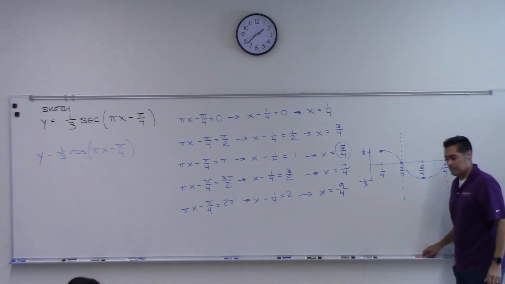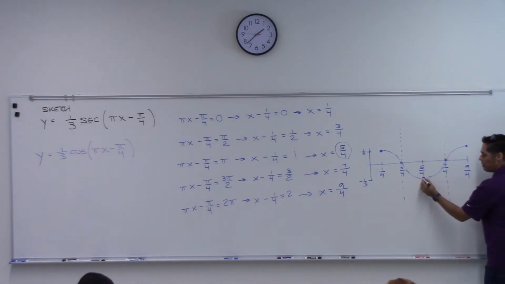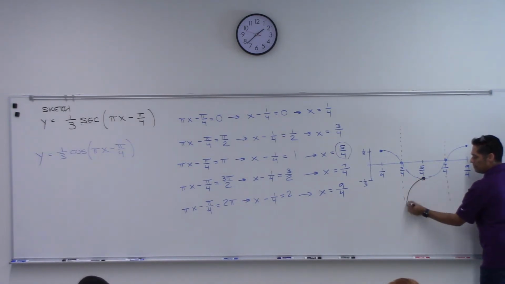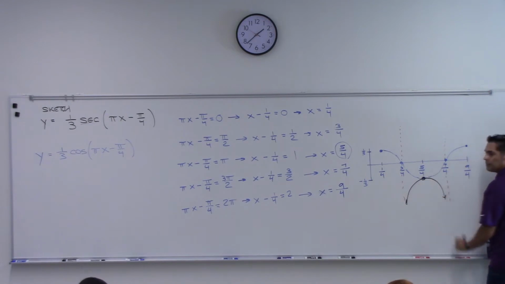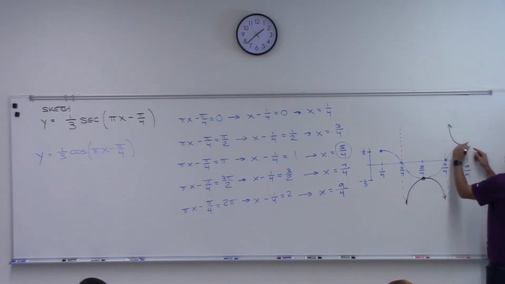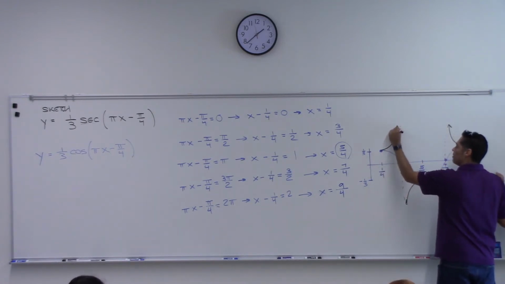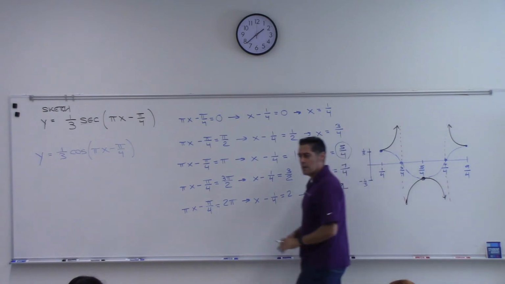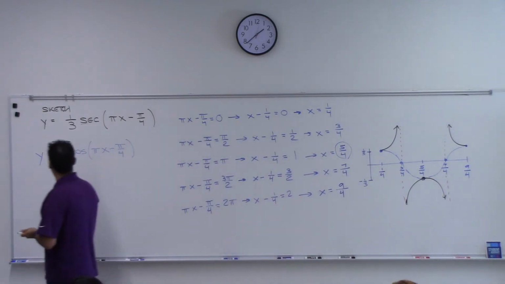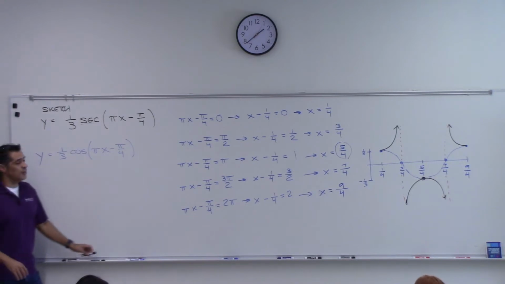Almost done. At this lowest point, put a dot. At this highest point, let's just draw this like this. You don't need to draw the other side. And then over here, draw like this. That is the graph of 1/3 secant of pi x minus pi over 4.